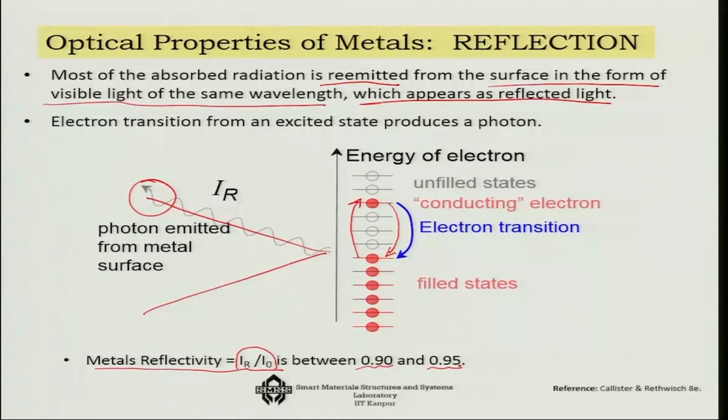A little bit of energy gets absorbed into the system, but generally it is of very high reflectivity, 90 to 95%. In fact, before glass was discovered by people, shining metal was used as mirrors.